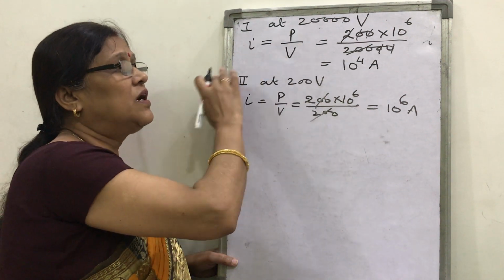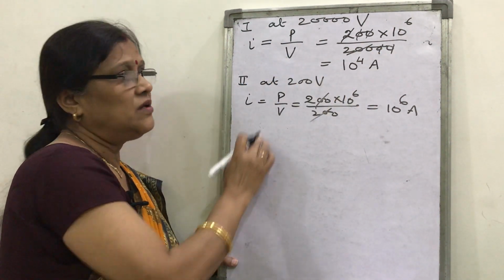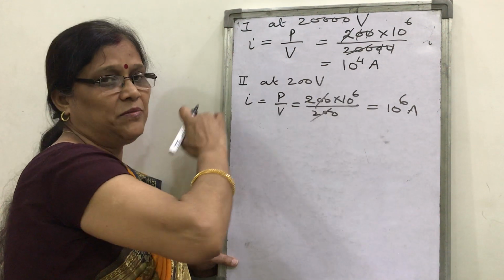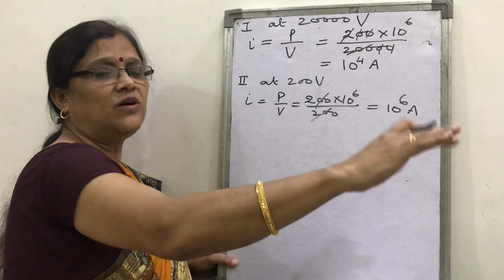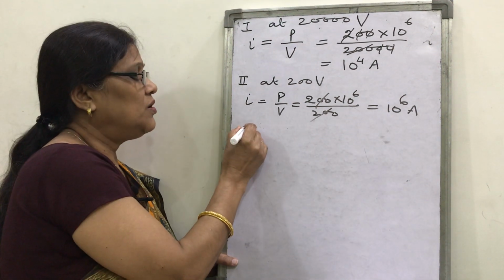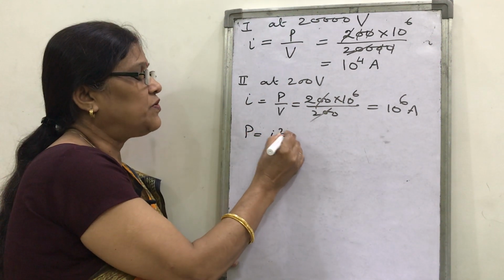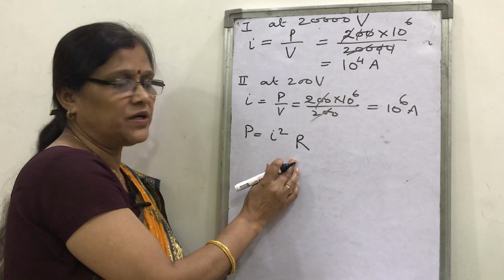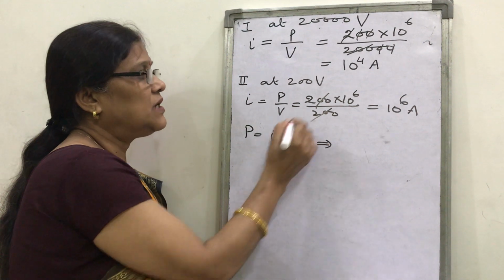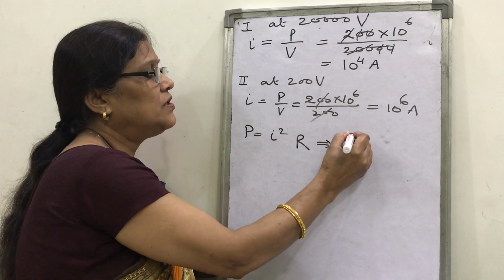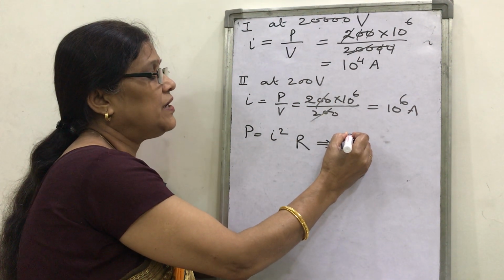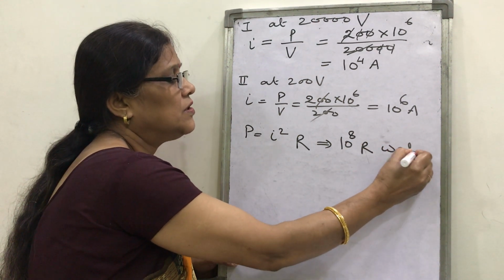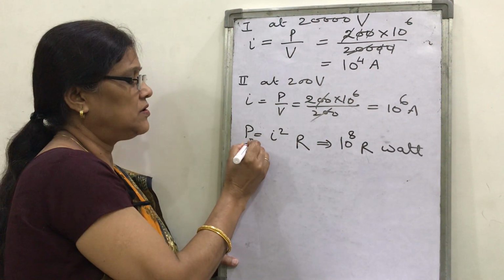If the current flowing through the cable in the first mode is 10 to the power 4 ampere, and the cables are connected in series over the long distance, then P equals I square R, where R is the net resistance of the cable. So this I is 10 to the power 4, so this will be 10 to the power 8 R watt in the first case.